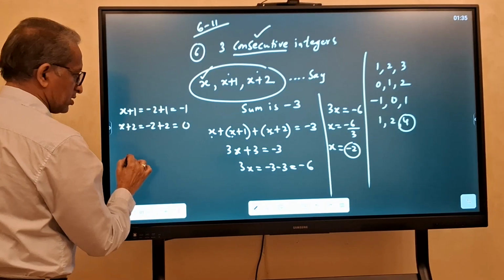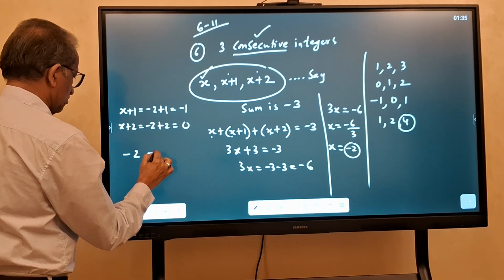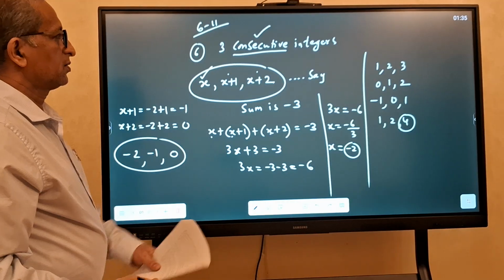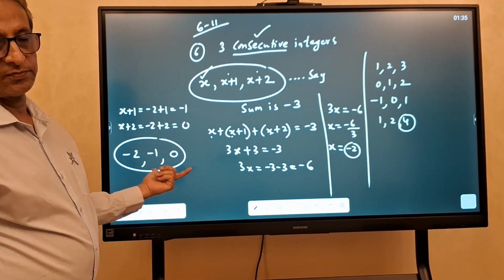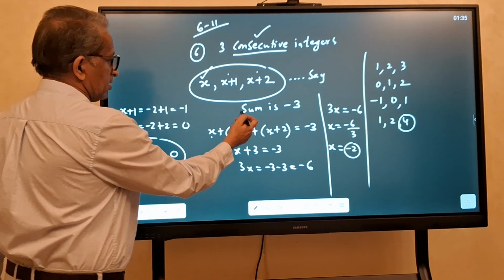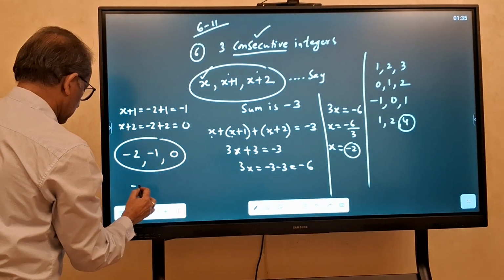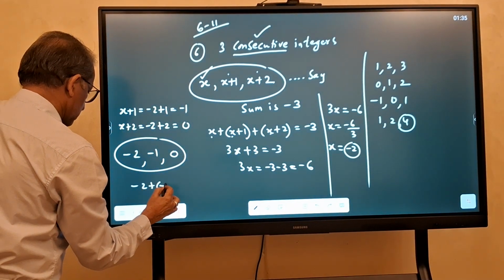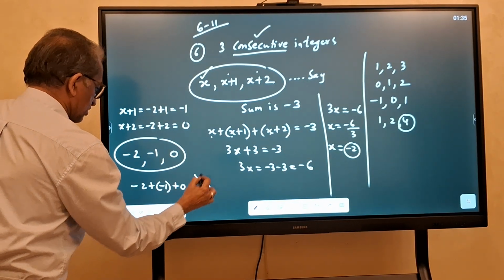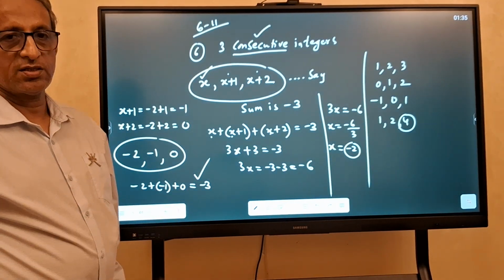So the 3 consecutive integers are minus 2, minus 1, 0. How to test? The sum is minus 3. That is minus 2 plus minus 1 plus 0. Yes, it is minus 3. Therefore, my answer is correct.